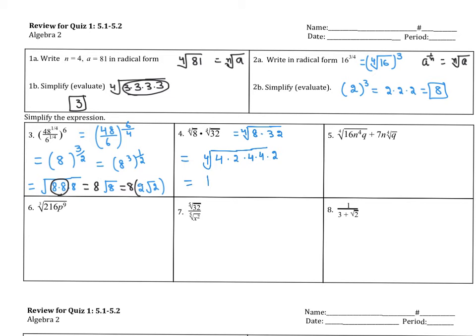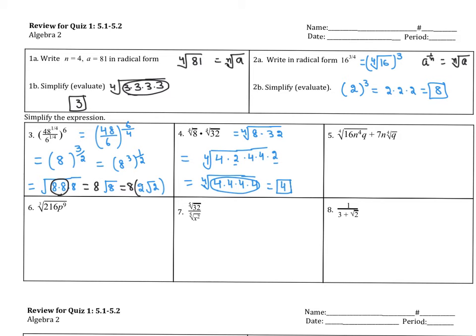You can further have 4 times 4 times 4, and these 2 times 2 become 4 again. Now they make a group of 4, and because they make a group of 4, they come out of the radical symbol.